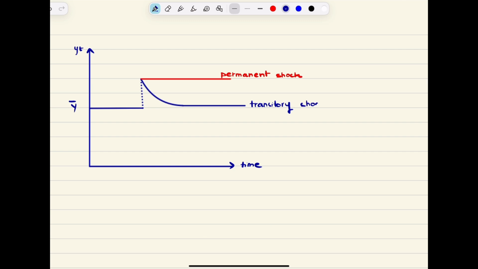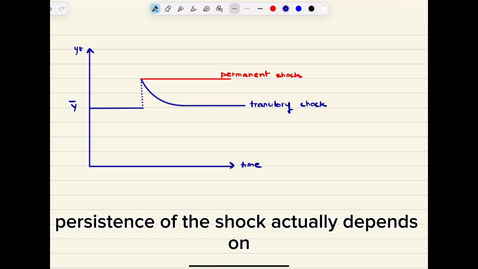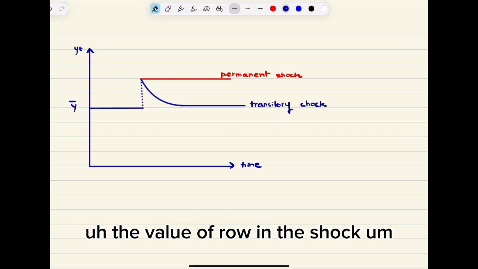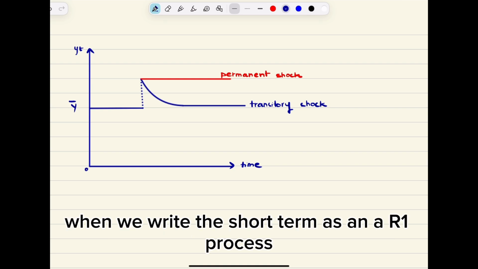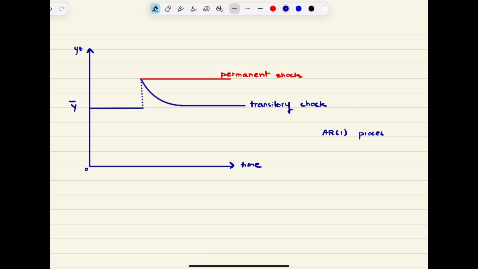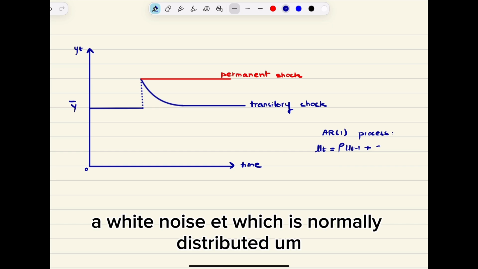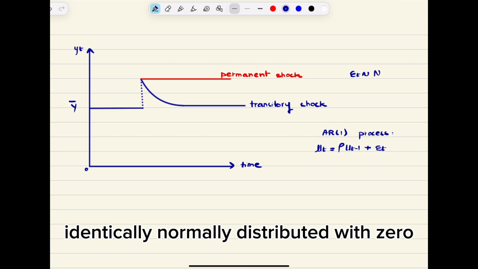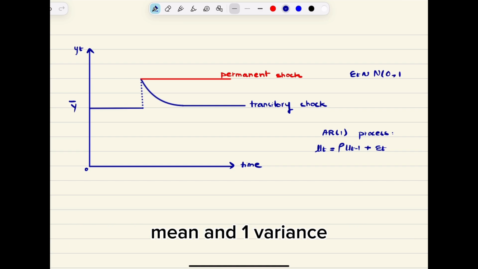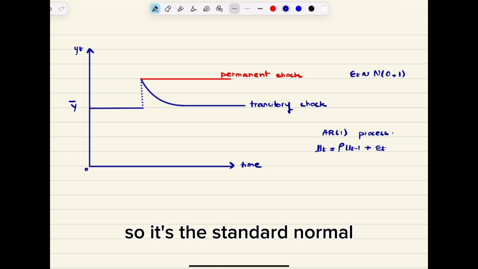So remember, the persistence of the shock actually depends on the value of rho in the shock. When we write the shock term as an AR1 process, as ut is equal to rho ut minus 1 plus a white noise et, which is identically normally distributed with 0 mean and 1 variance, so it's the standard normal.